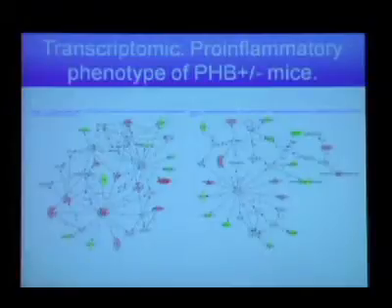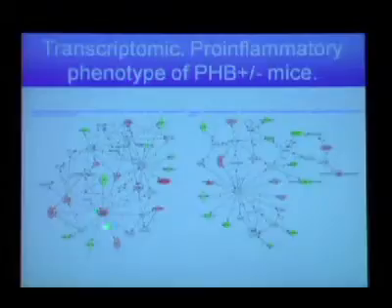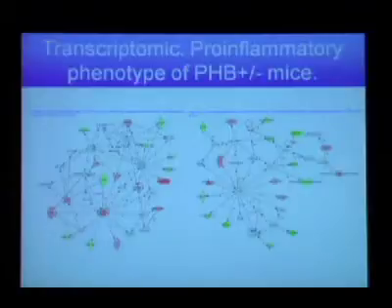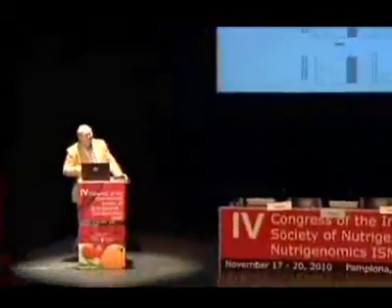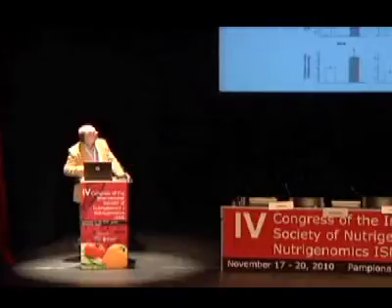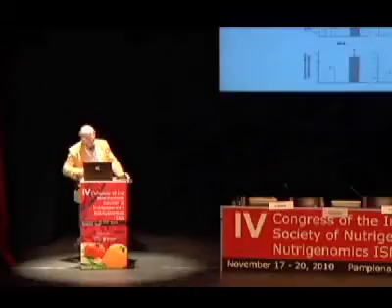We have also done some transcriptomics, although this is very preliminary, but just to comment that we saw an upregulation of IL-1 and also TNF, suggesting that there was a pro-inflammatory phenotype in these mice. This was further confirmed by looking at the accumulation of some pro-inflammatory cytokines in the blood, such as IL-12 or TNF-alpha receptor 1 or 2.